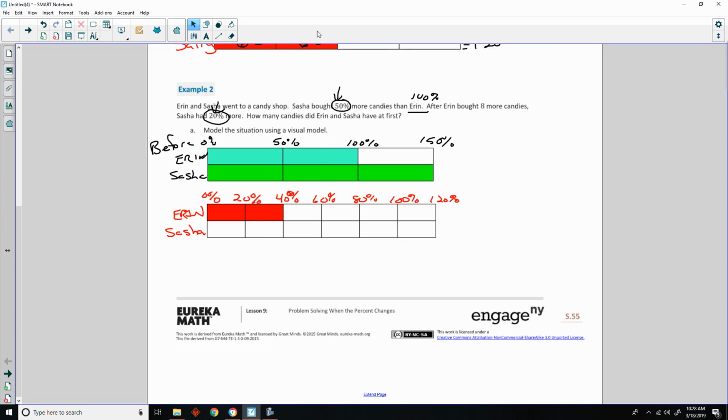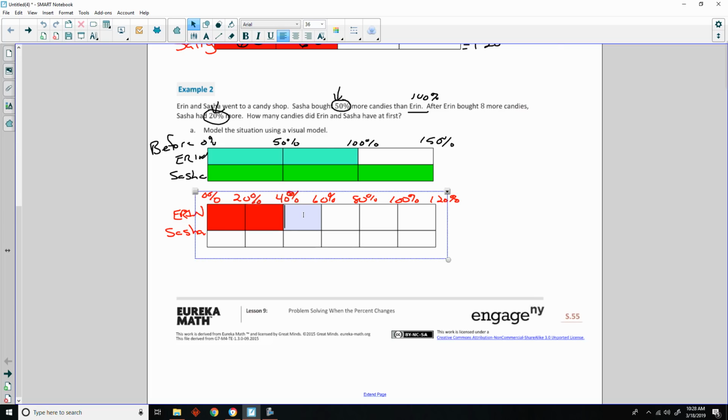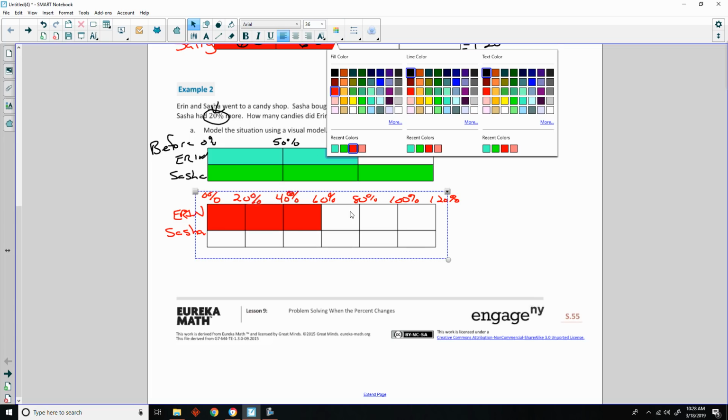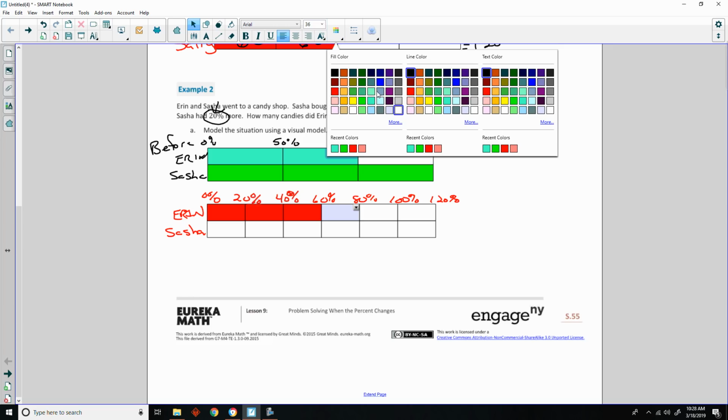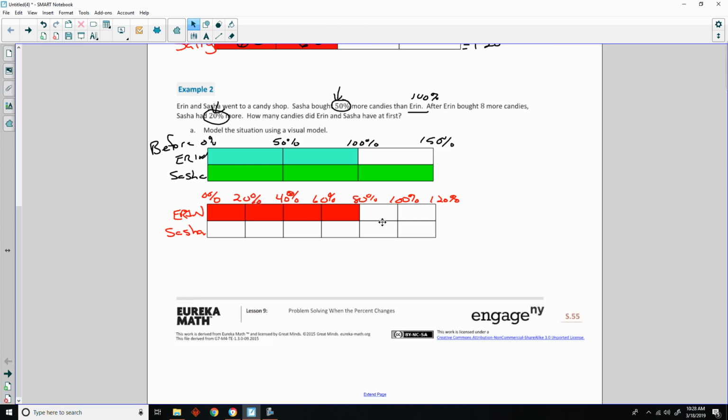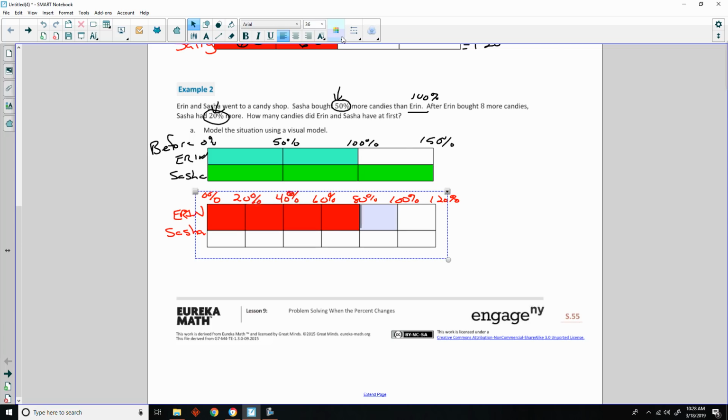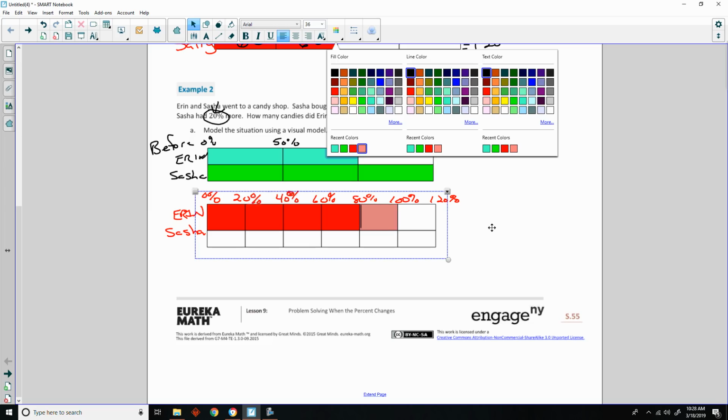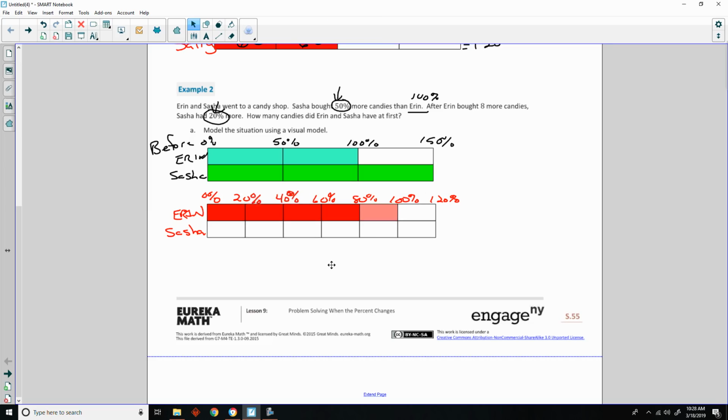So she already had the 100%. Okay, so the 80%, so this new portion right here, I'll do a little bit lighter like pink. Okay, that is going to represent the 8 candies that she bought. That will give us 100% again. So this is 8 candies.